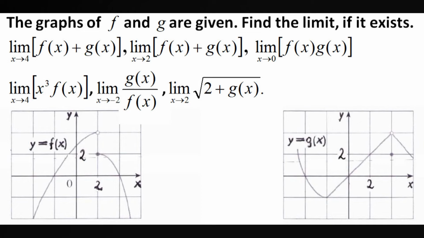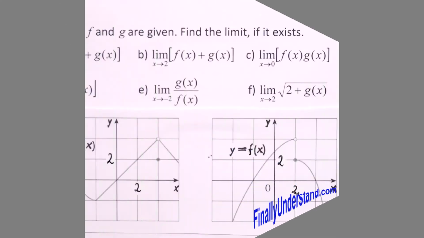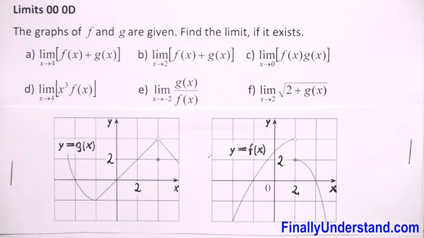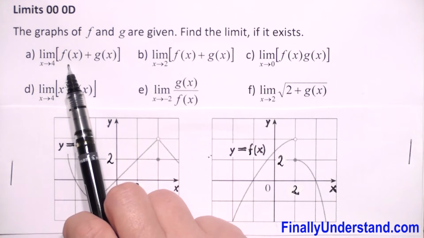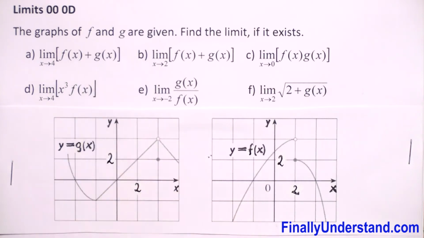We have been given f and g, and we have to find the limit. First, we have the limit as x approaches 4 of f of x plus g of x. We know that the limit of a sum is the sum of the limits.